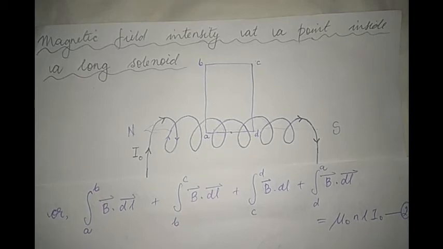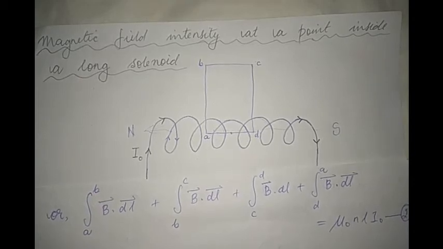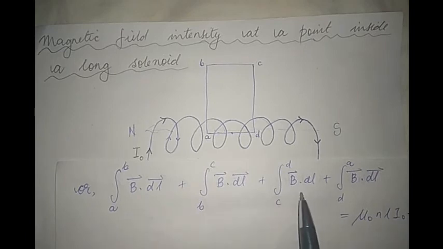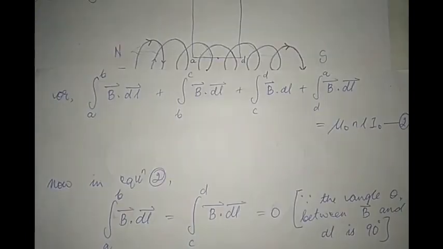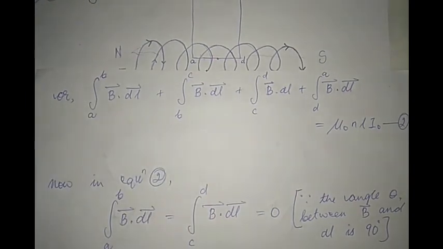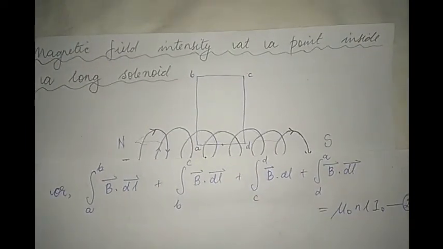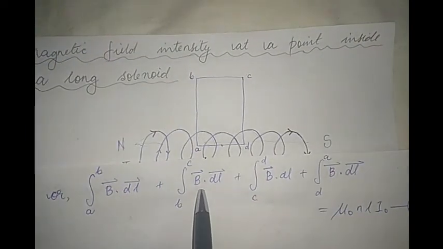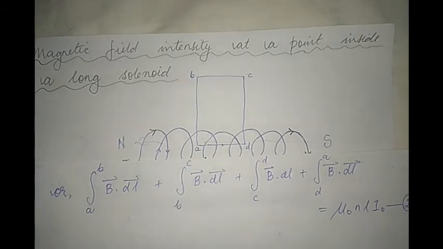So therefore theta is 90 degrees, because of which the first term and the third term both become equal to 0. Also we'll see that the second term in equation 2 also becomes 0. That is because the second term says we're integrating the magnetic field over BC.